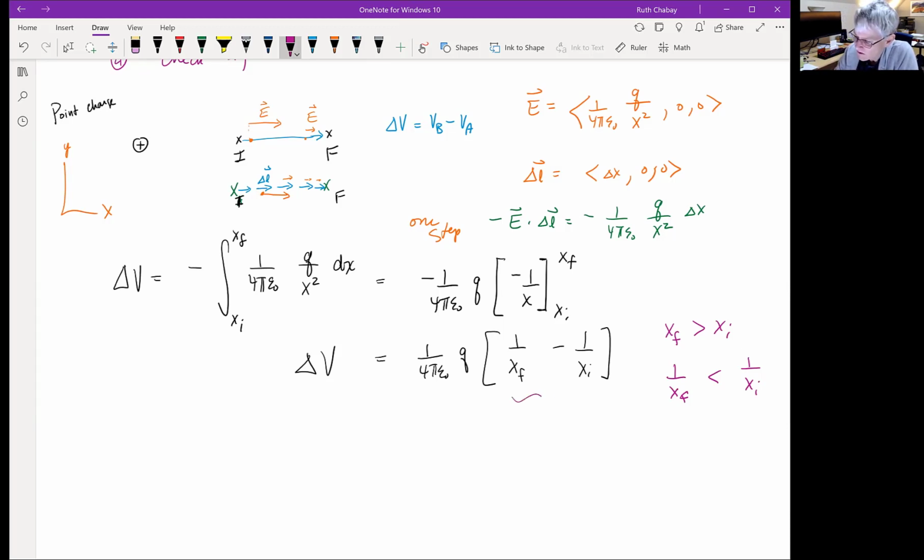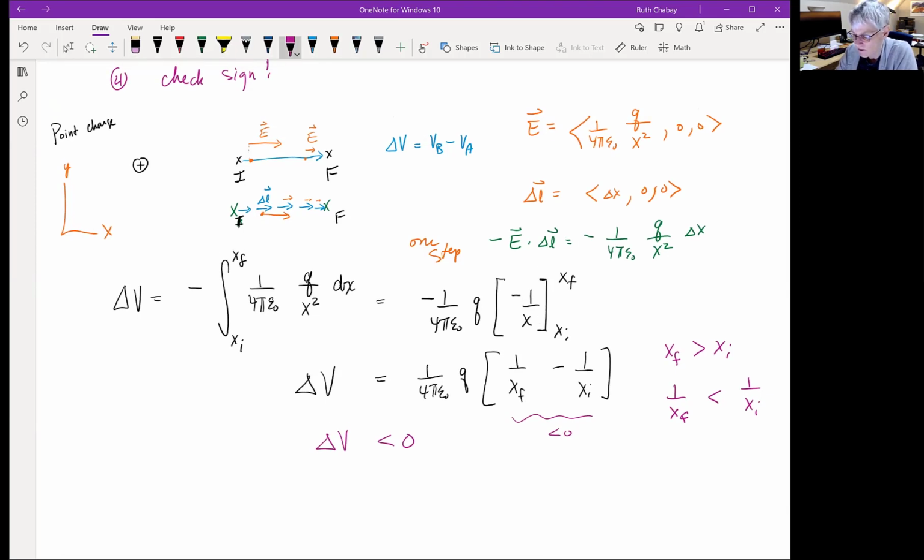So this thing comes out less than 0, and so our potential difference is less than 0 if q is a positive charge. If q was negative, the electric field would be pointing the other way, we'd be going against the field, and we'd get a positive potential difference, so that works out.